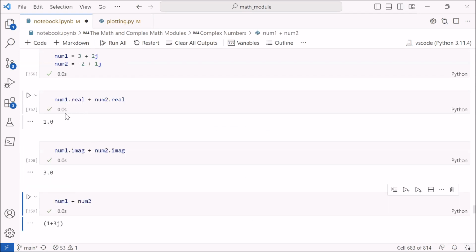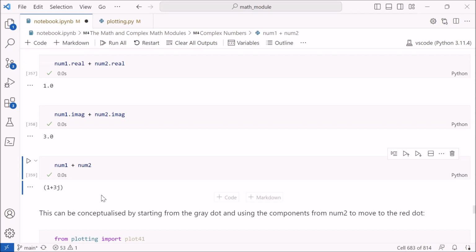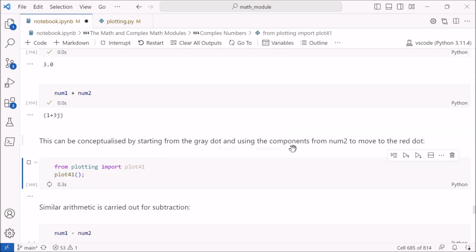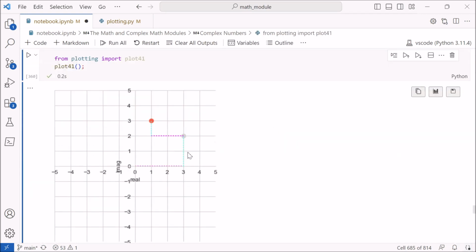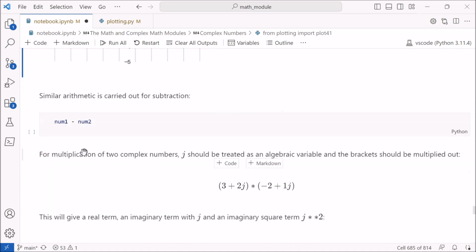So when we add them together, we've got 1 plus 3j. And this can be conceptualized in a plot. So you basically started here, and that was your original real component, and that was your original imaginary component. Then you took this away from the real component, and you added this to the imaginary component. So you went from here and ended over here.